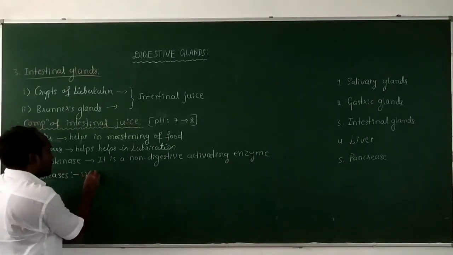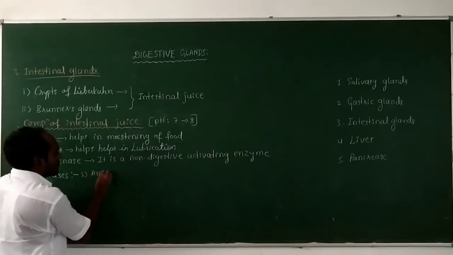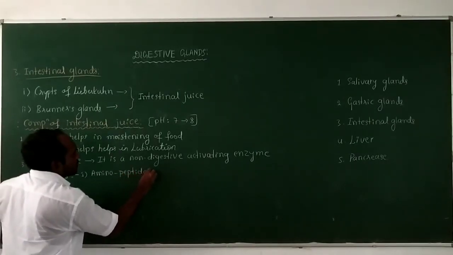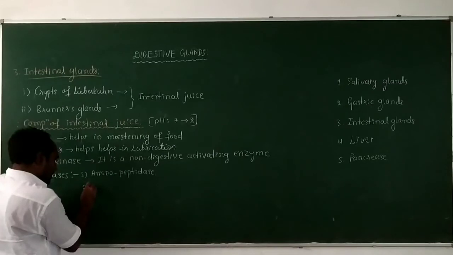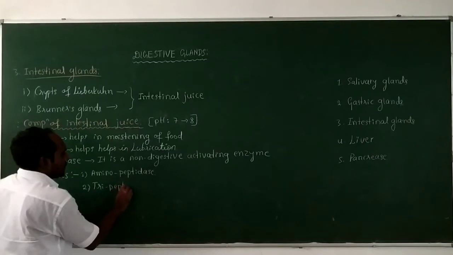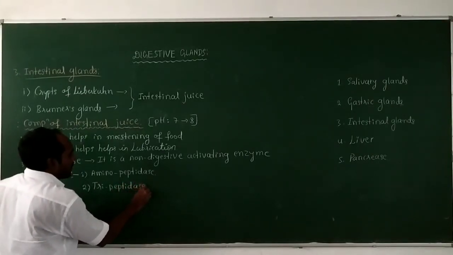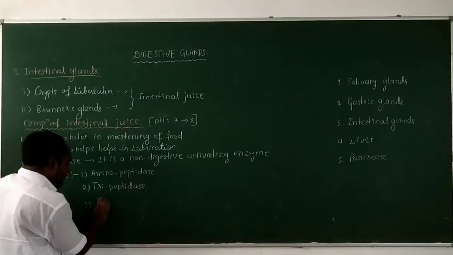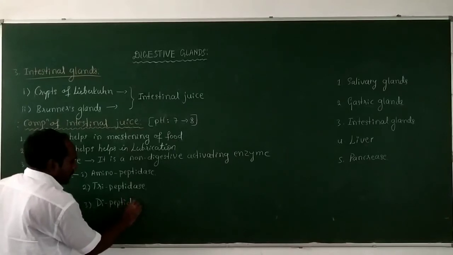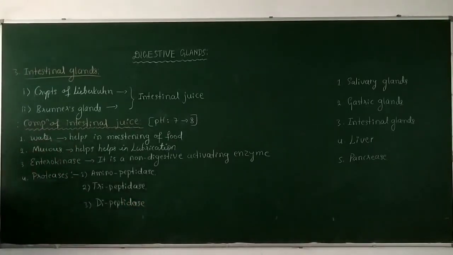First one is aminopeptidase, second one is tripeptidase, and third one is dipeptidase. In this way, intestinal juice contains 3 proteases. They are aminopeptidase, tripeptidase, dipeptidase.